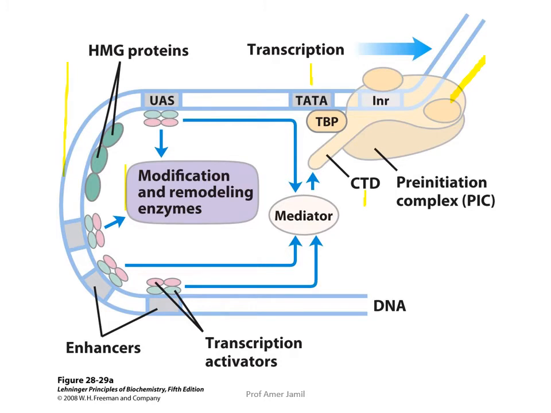All these help in opening the chromatin structure for the transcription machinery to bind. Then there are enhancer elements, DNA sequences at various places, also called upstream activation sequences, to which the transcription activators bind.